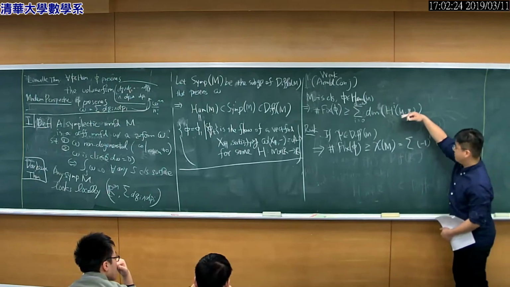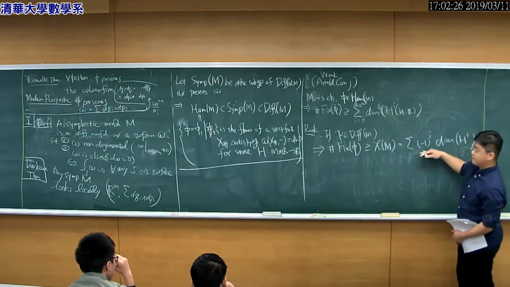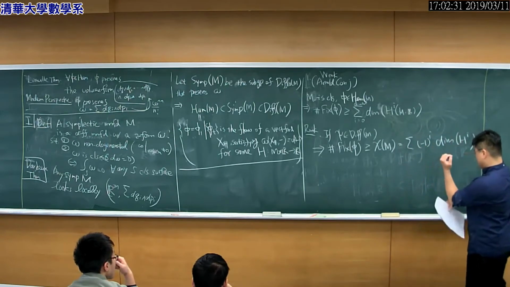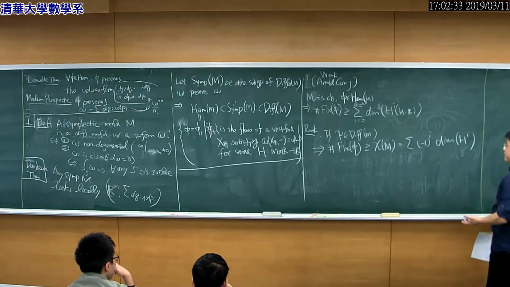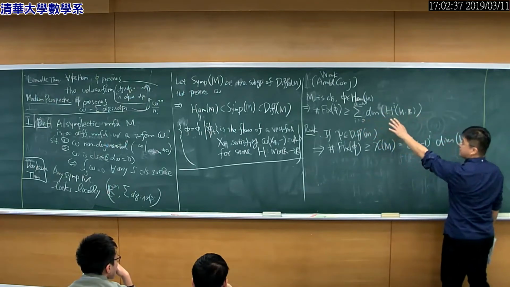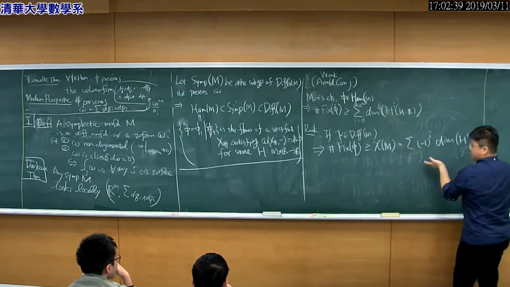So this one is actually bigger than this, right? So it's like when we focus on Hamiltonian diffeomorphisms, we do get more fixed points, more than expected.